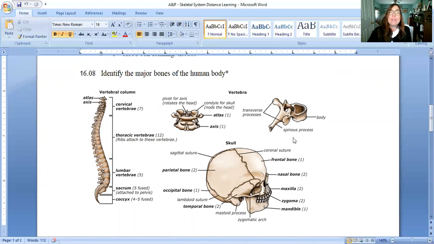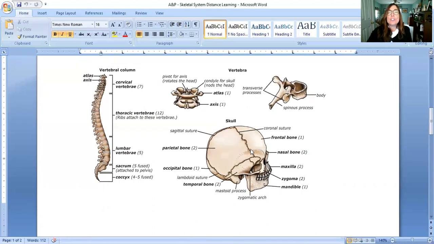A couple of things to notice here is just that your backbone is made up of a number of smaller bones called vertebrae, and they stack on top of one another. An individual one is a vertebra, and if you have more than one, it's vertebrae.